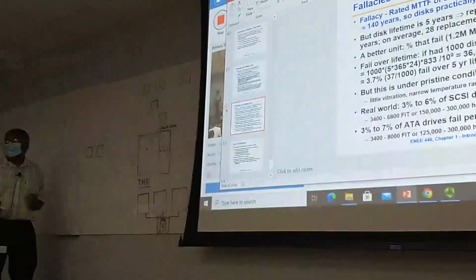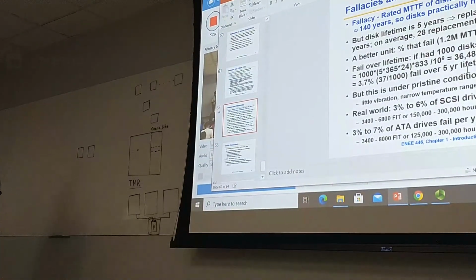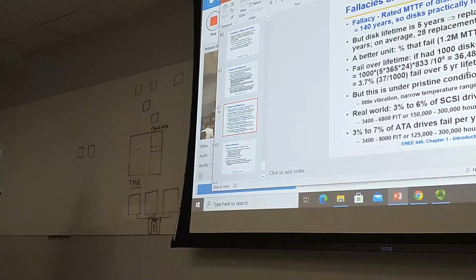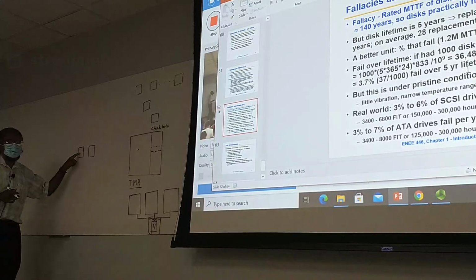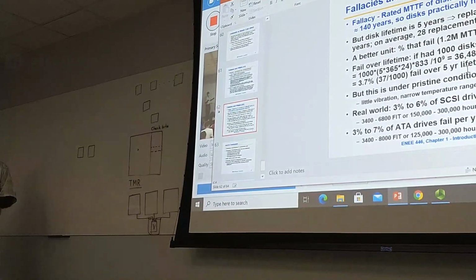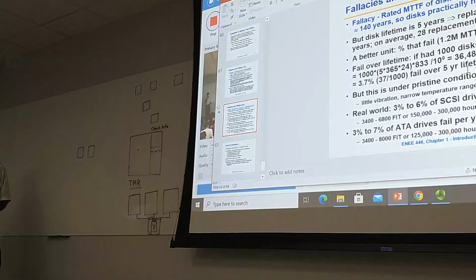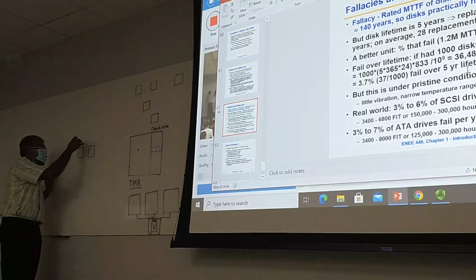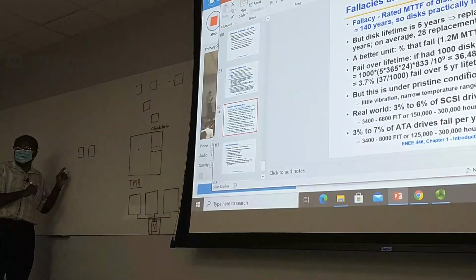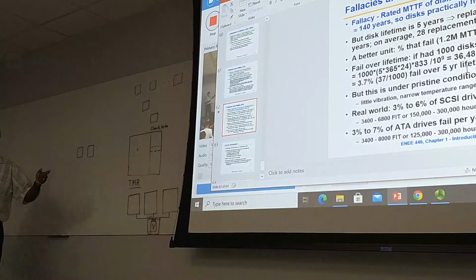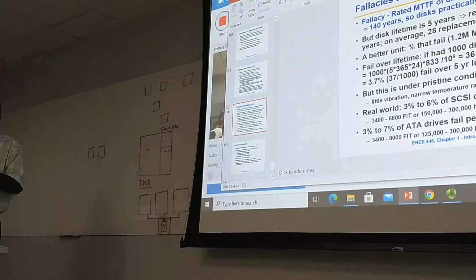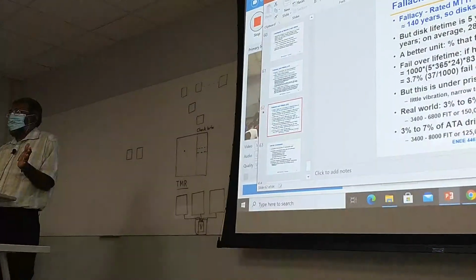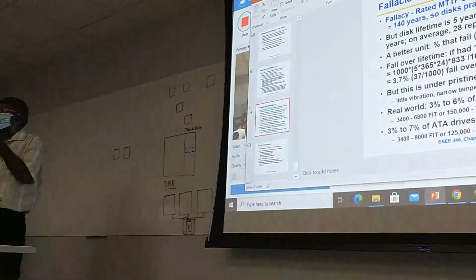But in real life that's not true. Whatever affects this one, maybe something happened and there was a power spike. Chances are that that's going to affect this one also.